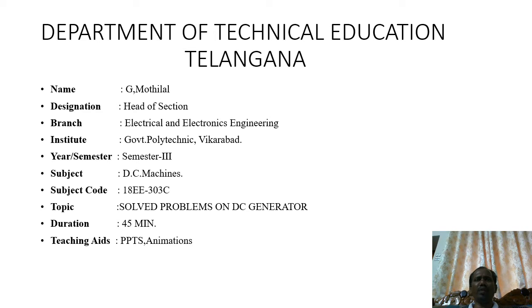Their diagram, how we will get the terminal voltage, how we will calculate the induced EMF and armature current in case of the shunt and series. Generally, for remembering before solving the problem, in the case of series generators, armature current IA is equivalent to series field current, which is equivalent to load current, because in this type of DC generator the field winding is connected in series with the armature winding.